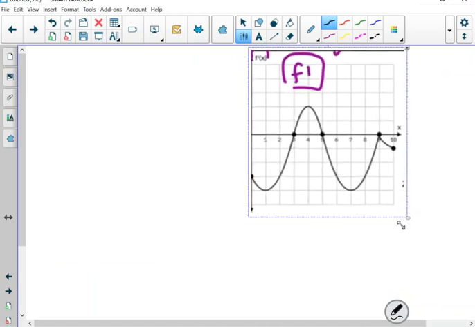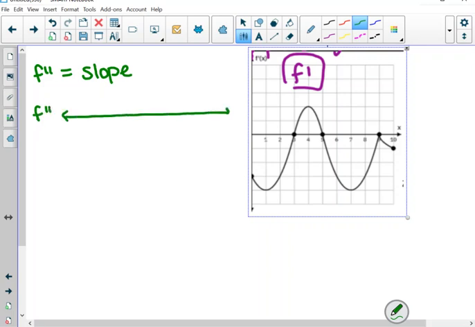When we're looking at the F prime graph, F double prime is the slope. And so we got a lot of changing slopes here. When I make my F double prime number line, I got a slope change at 1, at 4, at 7, and at 9.